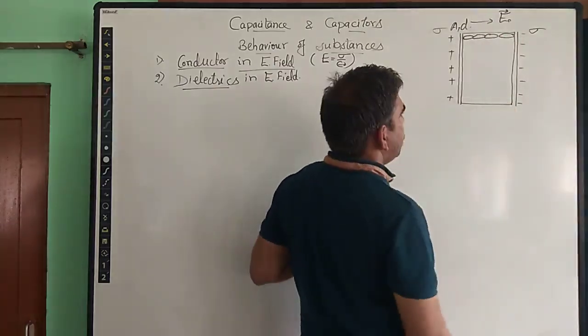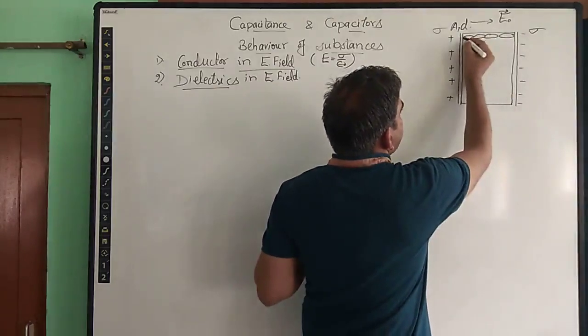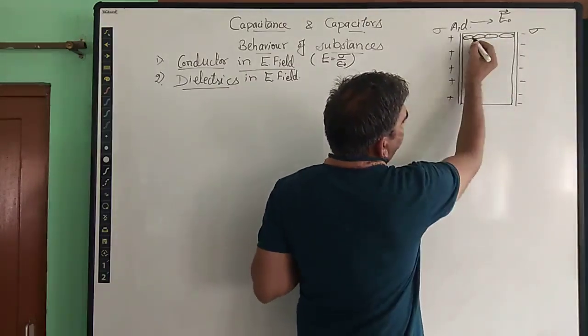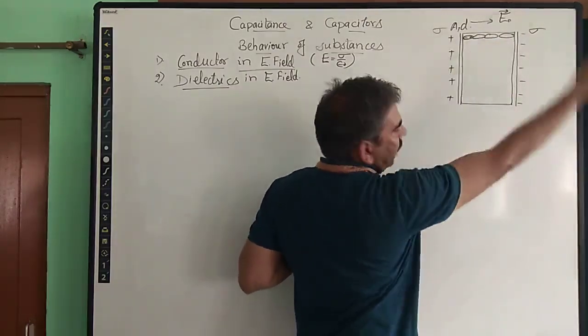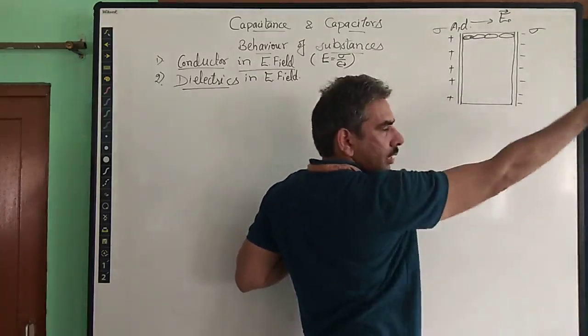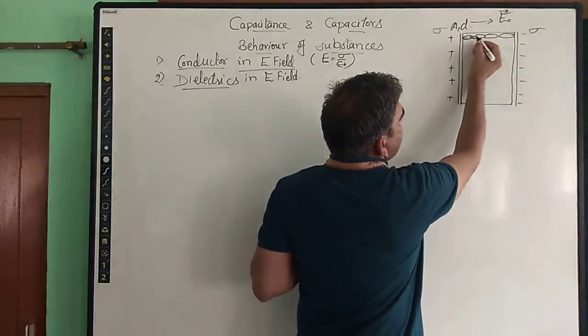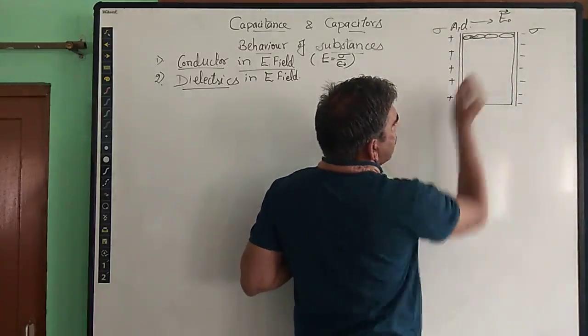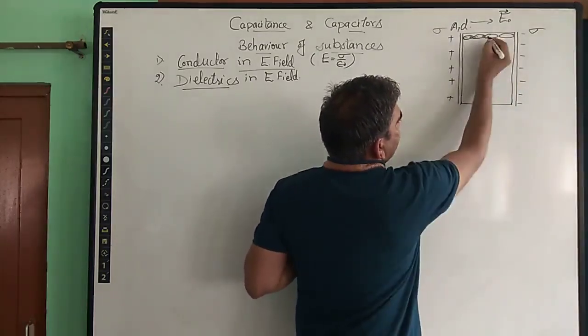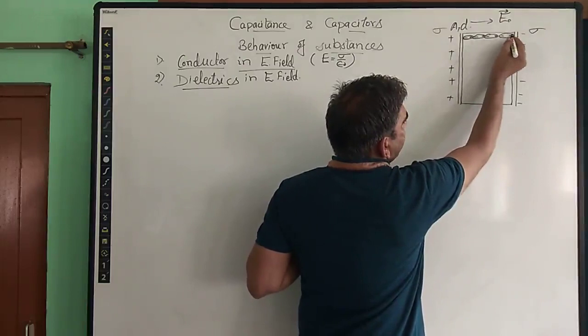They just get stretched out such that negative charge comes to one side of an atom and positive charge appears on the other side, towards the negative charge plate. And for the next atom it is also negative charge here and positive charge here, negative here, positive here, negative here, and positive here.